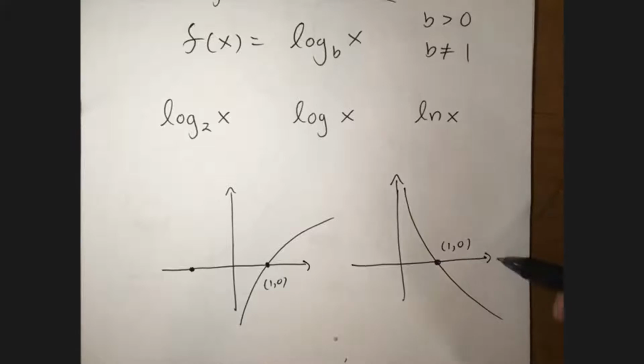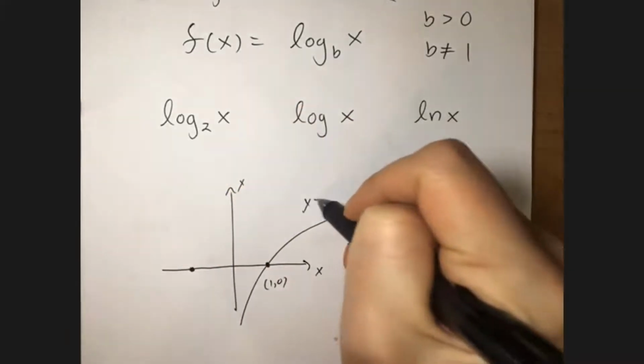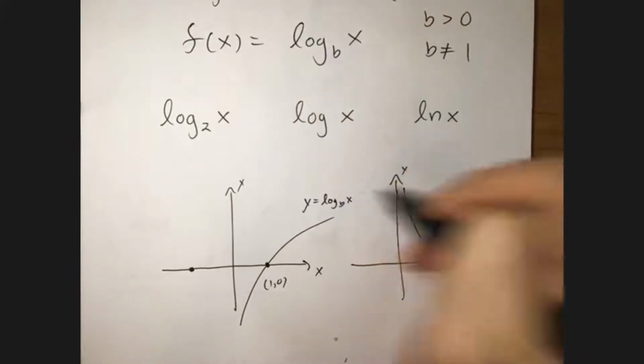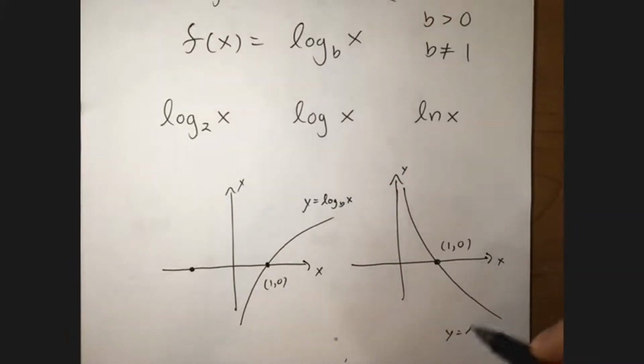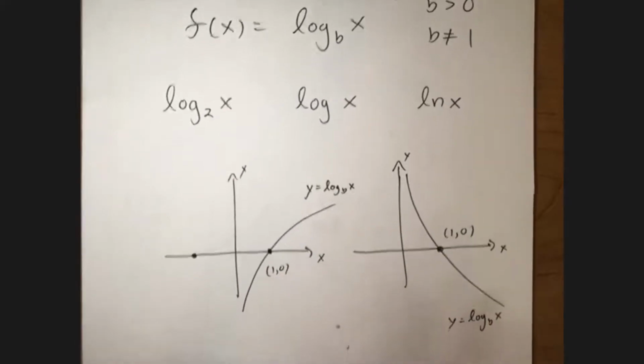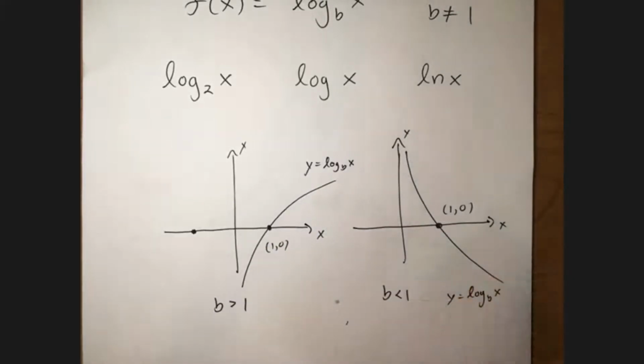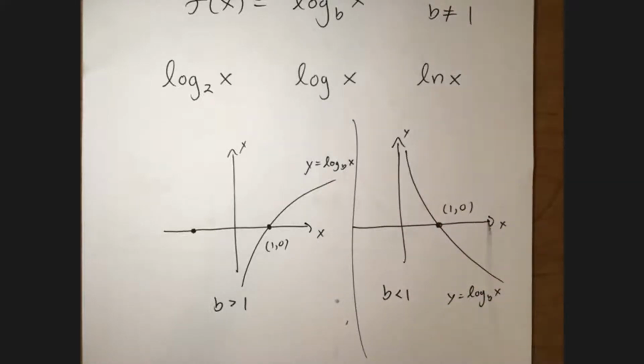I should label my axes here just to be extra clear. And what we're doing is graphing y equals log base b of x. Which gives us this graph and what gives us this graph? Well, again, that has to do with b. This happens if b is greater than 1. This is the picture you get when b is less than 1. So we have 2 different pictures depending on the value of b. Okay, so those are the logarithmic functions.